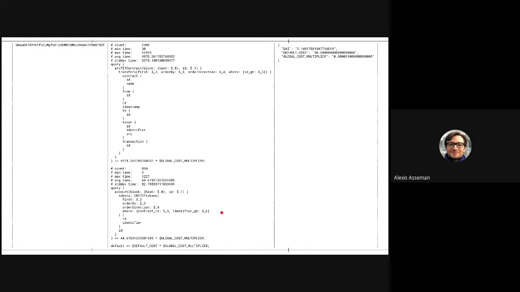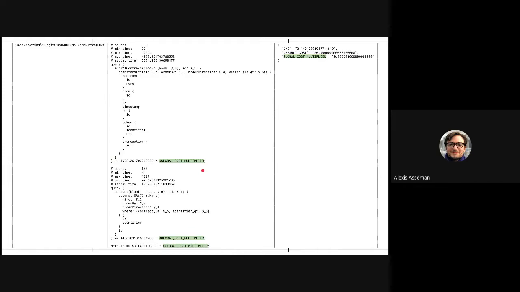And what you can see here is that there is that global cost multiplier. This component here is pretty much the average execution time in milliseconds. But then we have to adjust this, shift all of those values to have some reasonable GRT price for those queries. So that's what that global cost multiplier is. The problem, though, is what should be the value for this?